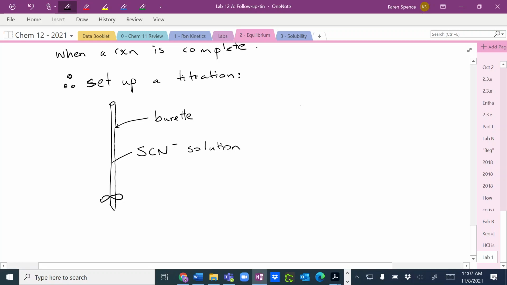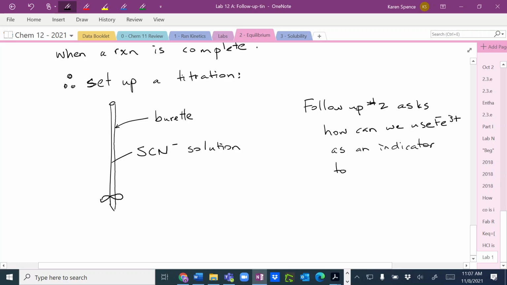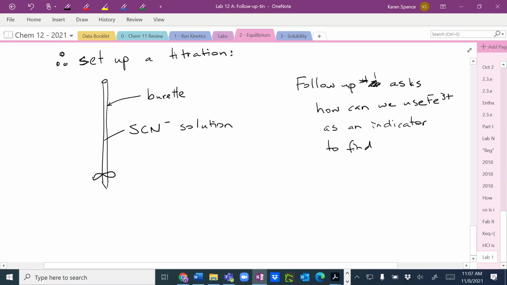The question, follow-up number 1, asks, how can we use Fe3+ as an indicator to find the concentration of Ag+ in a solution.